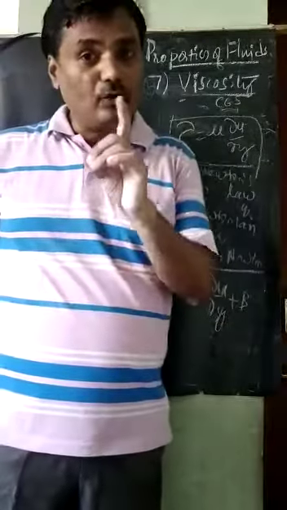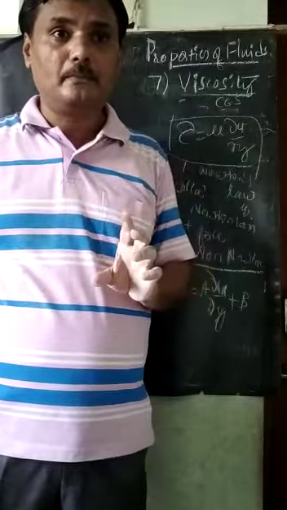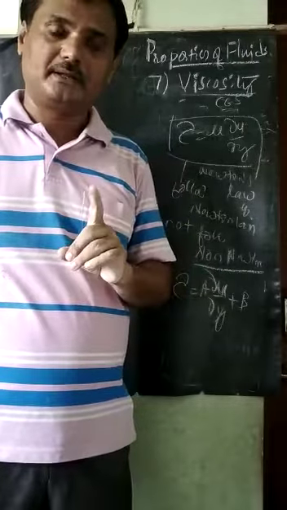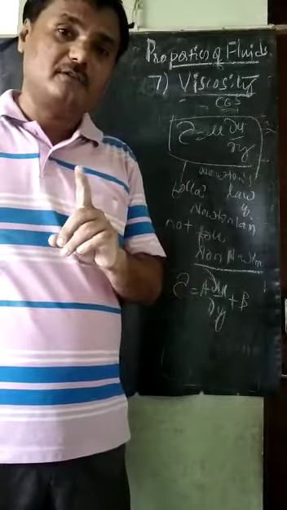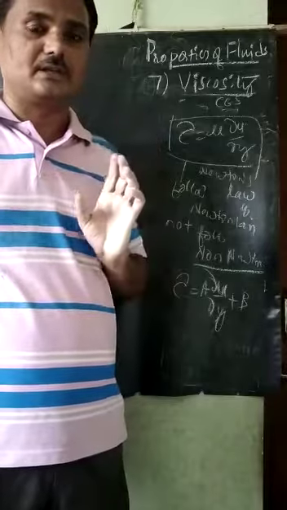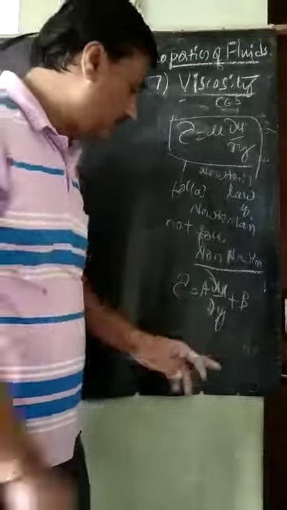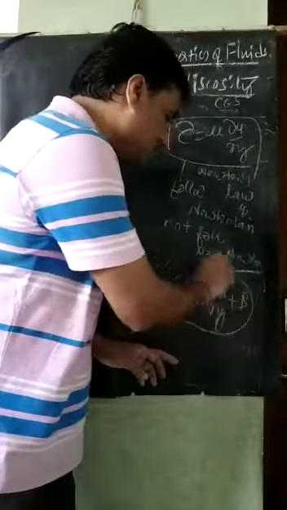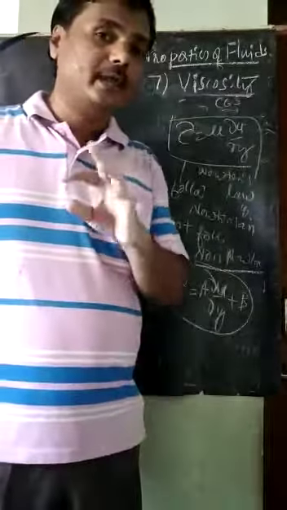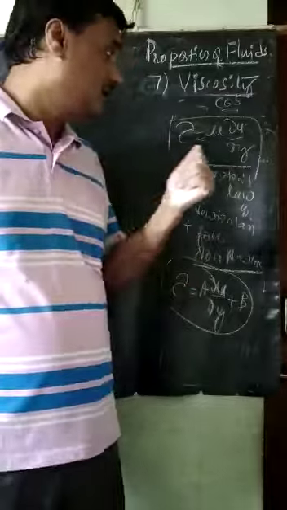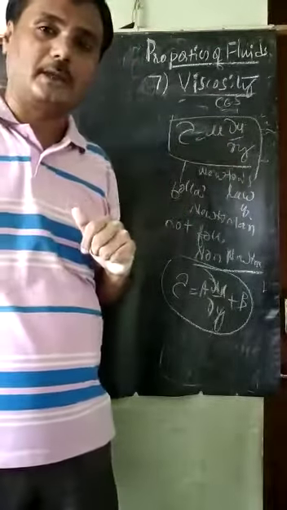A and B are also constants like mu, but these values change when the fluids change. They are found by experiments. This is the equation for non-Newtonian fluids, which do not follow Newton's law of viscosity.